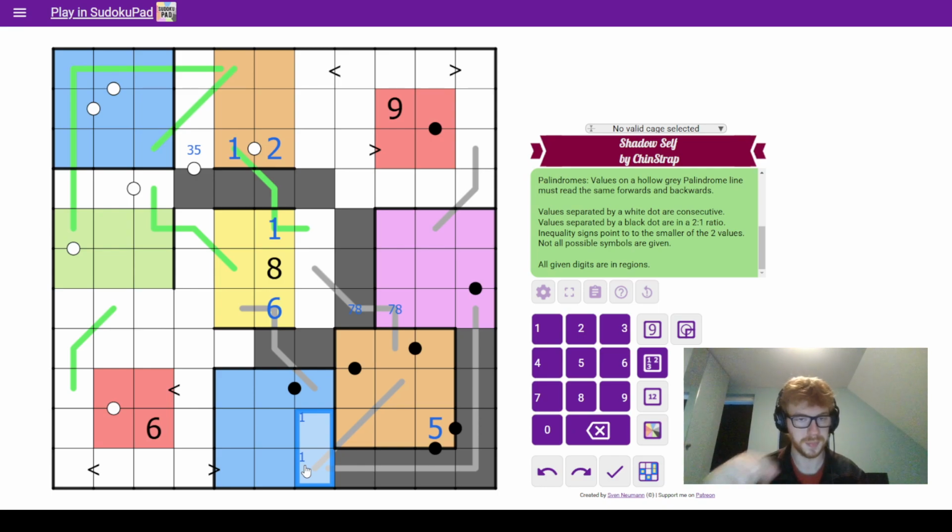Okay, so there's more logic to do. I can't believe I didn't notice the corner here, because that's the rule of palindromes, I guess. So the same two digits cannot see each other.